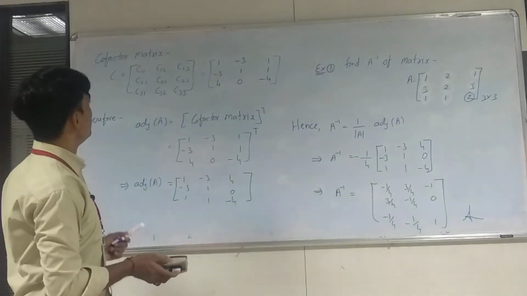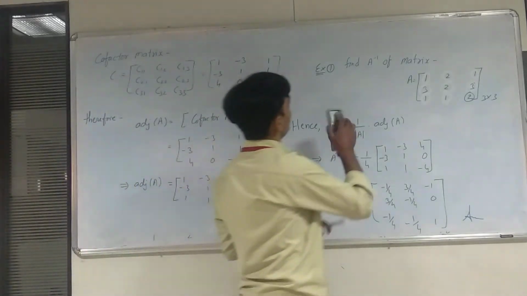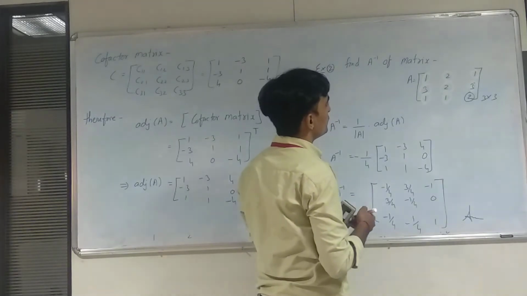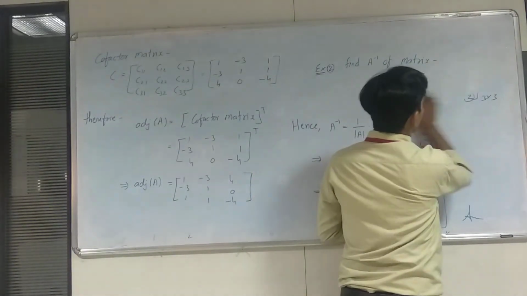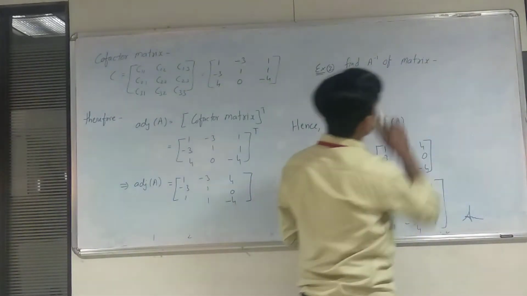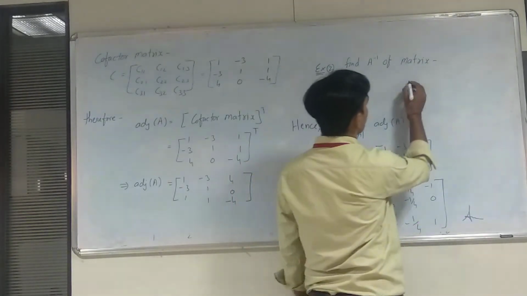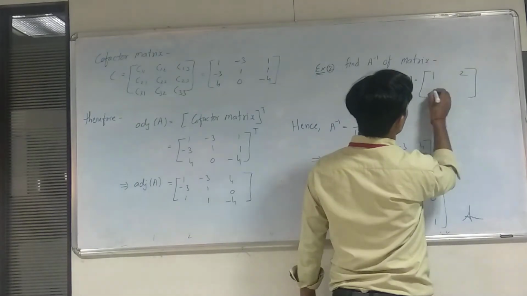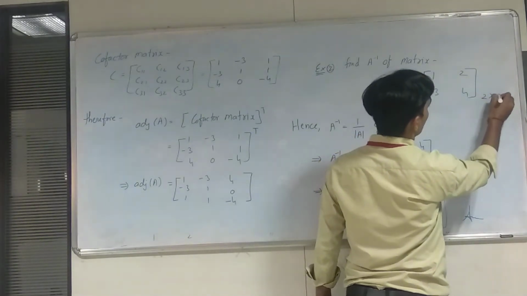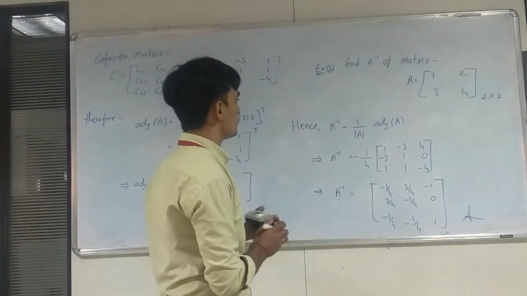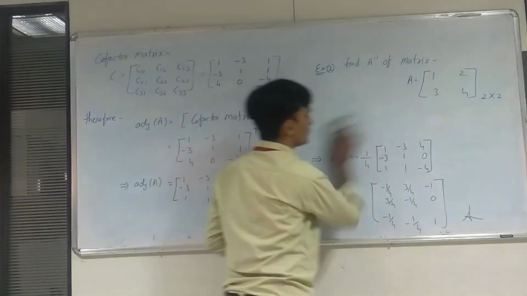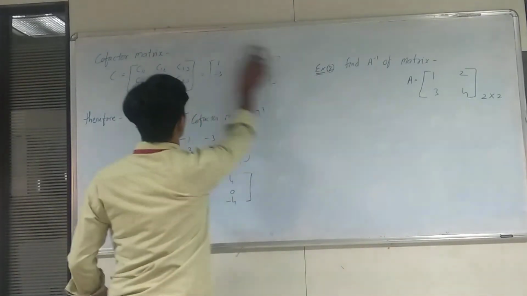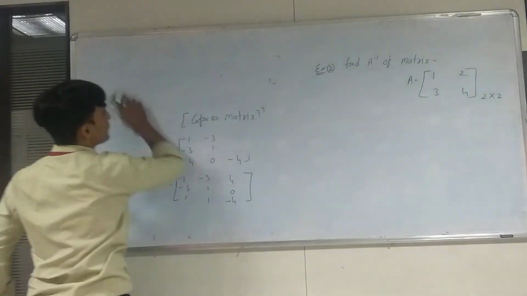One more example. We are taking it for 2 cross 2. A equal to 1, 2, 3, 4. It is for 2 cross 2. Same process.